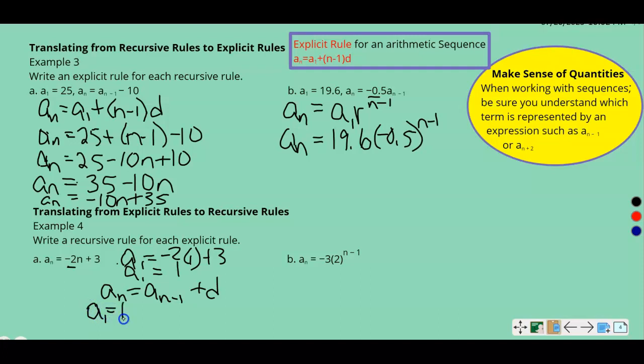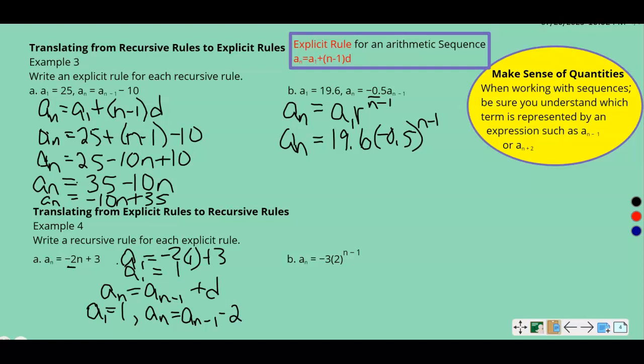You can't forget the first term. So a sub 1 is 1. And then a sub n equals our previous term plus our common difference. And since our common difference is negative, we can put minus 2 instead of plus 2.